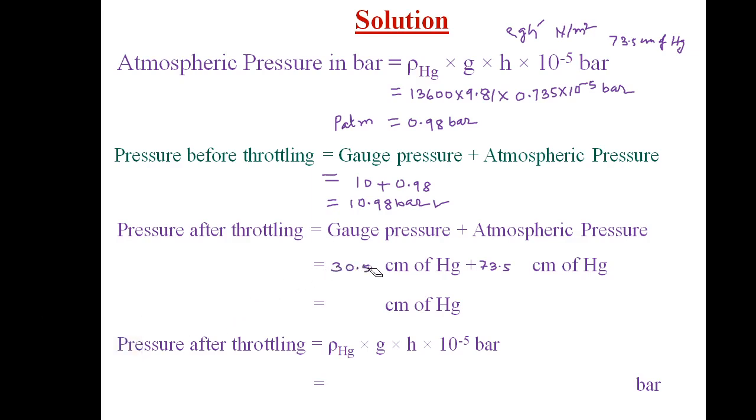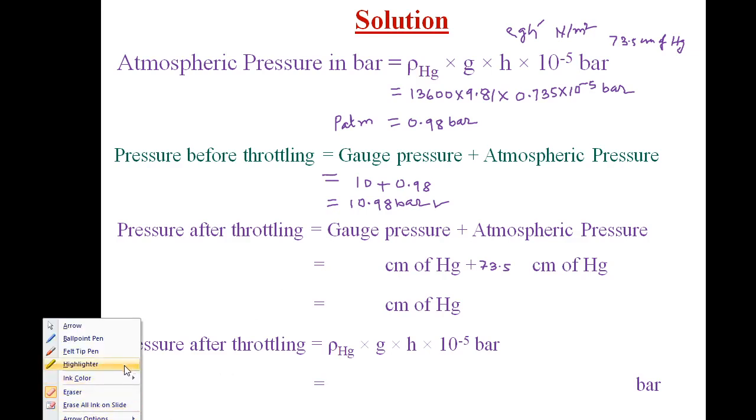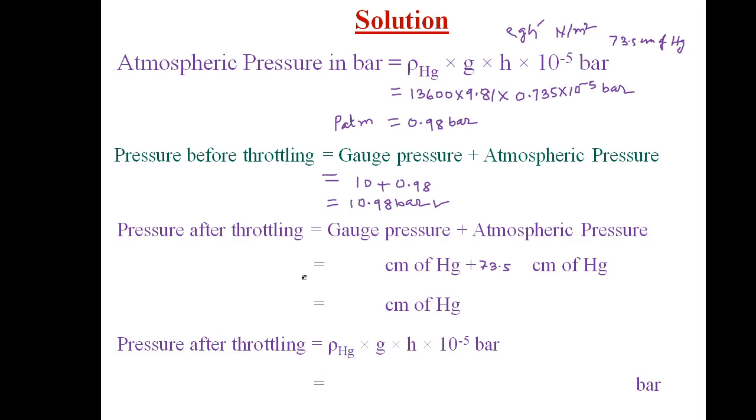This is not 30.5 centimeters of Hg, it is 30.5 mm of Hg. That means 3.05 centimeters of Hg. If we add this, it will be 76.55 centimeters of Hg. Now this pressure we have to convert into bar.